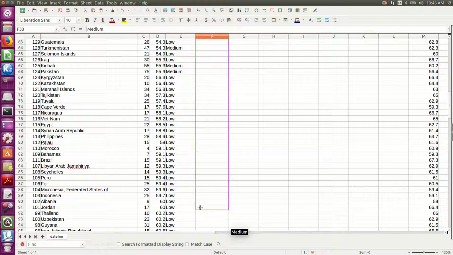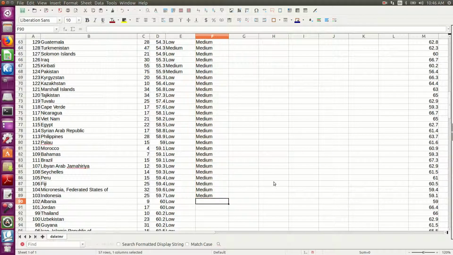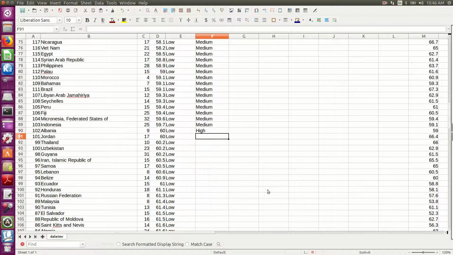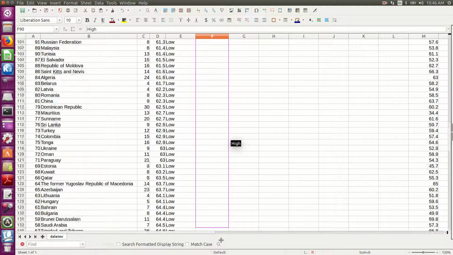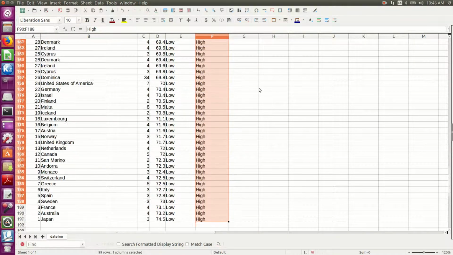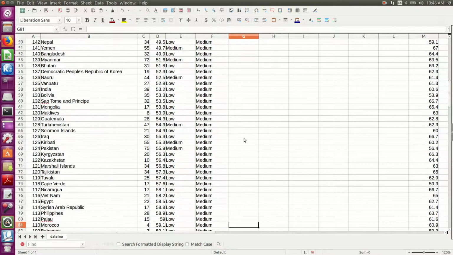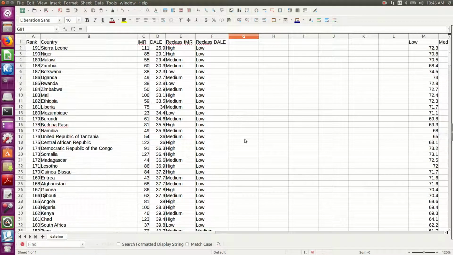So again, now 60 exactly is a high, so I'm going to put medium and then high. And so that's going to go the rest of the way down. And so I come down here, all the rest of the way, those are all high. Okay, and so there I have the low, mediums, and highs.